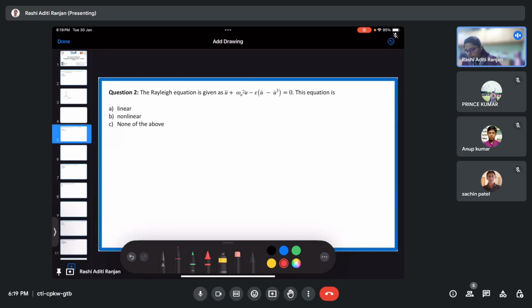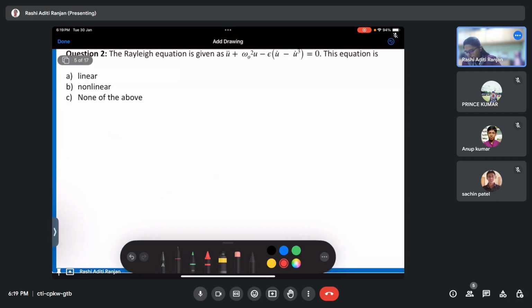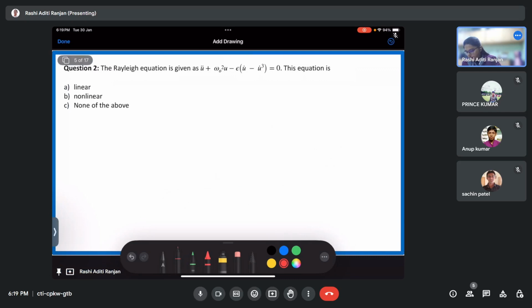If you people must have gone through the lectures, you must have known this equation, the Rayleigh equation.